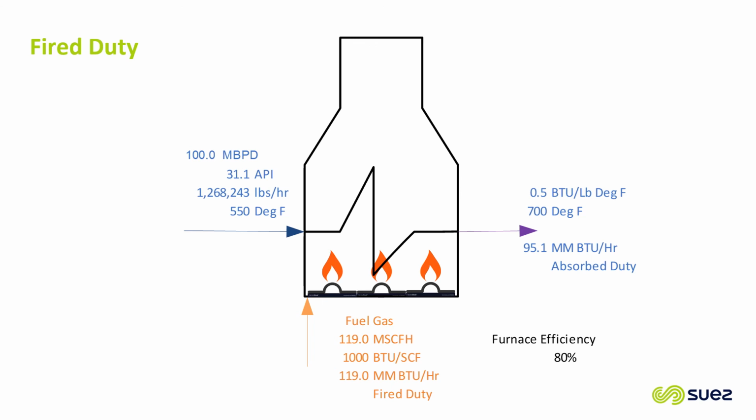So you'll want to check with that. On the absorbed duty side, in this case, I have used just MC sub P delta T. That's not always correct. Depending on the furnace, that could be very wrong. So we want to consider vaporization in the furnace also.